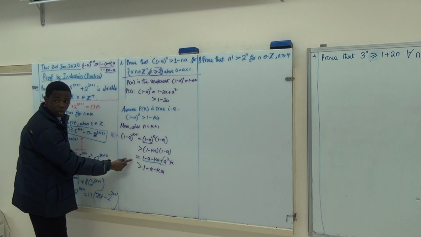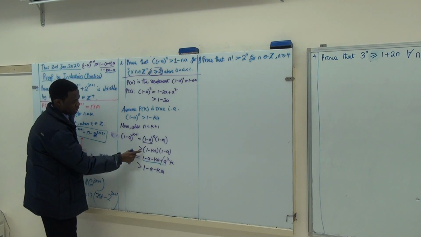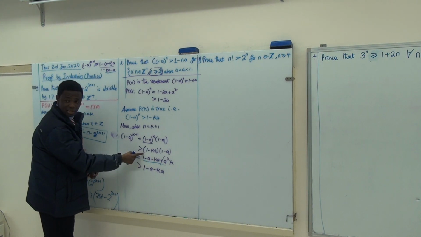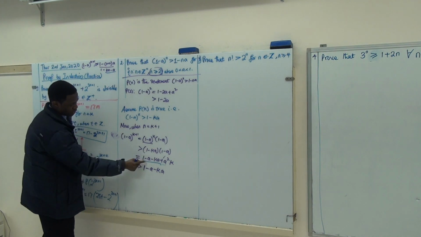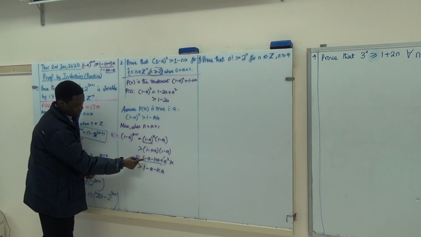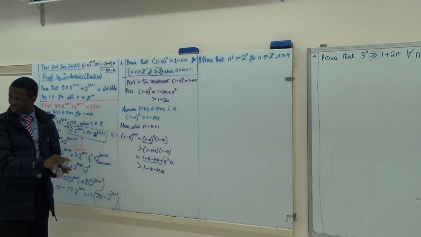If I'm going to repeat this all the time, I will maintain greater than. This step is equal to this step. But because this is greater than this, then this is also greater than this because they are equal. Now, this step is greater than this step. If this is greater than this, and this is greater than this, then you agree this is also greater than this. Do you understand the logic now?